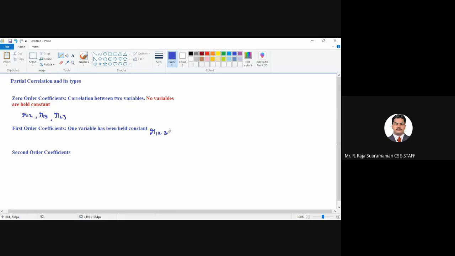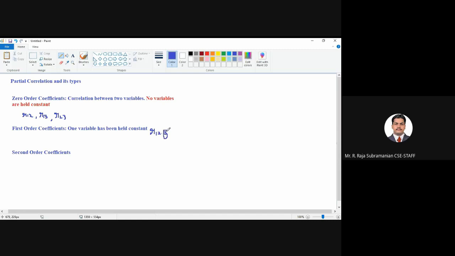Right? This is the first order correlation. There are two independent variables available, say, for example, rainfall and temperature, predicting the yield of rice in the particular land in this particular season. But rainfall alone is considered and temperature is not considered. If it is not considered, it actually means that it is made a constant variable. So that is actually represented in first order coefficient as this particular term.